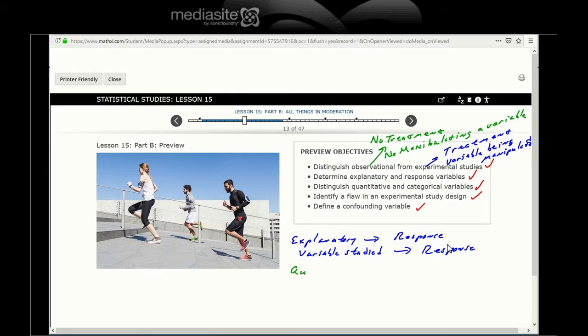Quantitative. Data that I can do useful math with, such as mean, median, standard deviation, etc. Categorical.